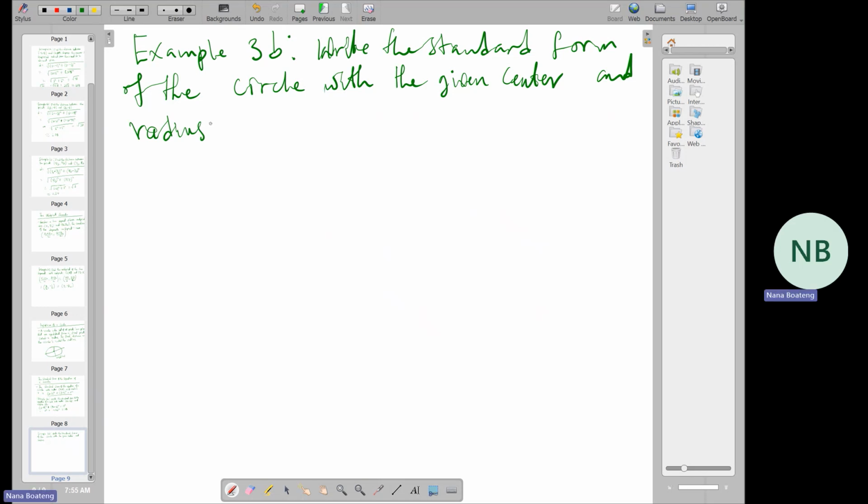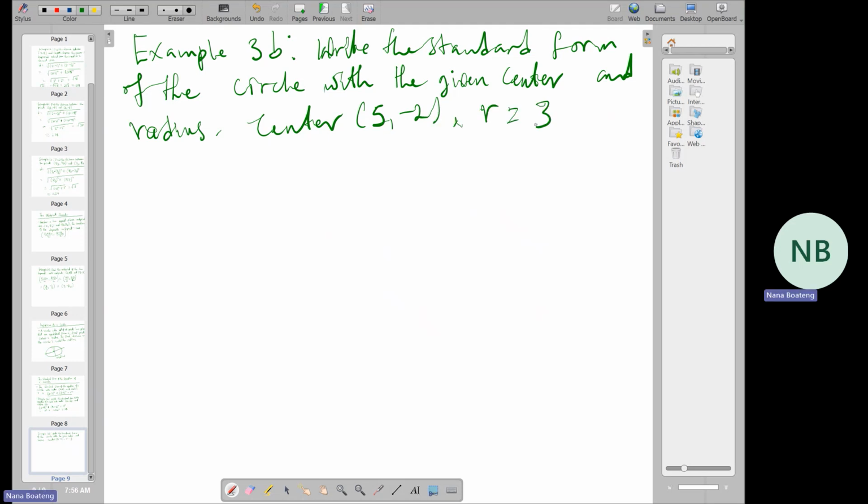The center is 5, negative t, and the radius is equal to k.